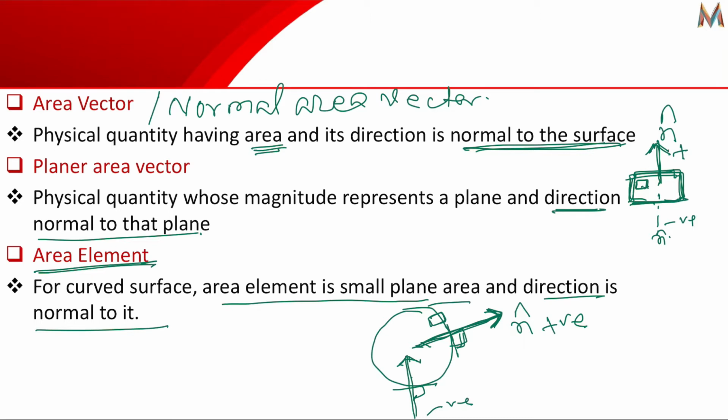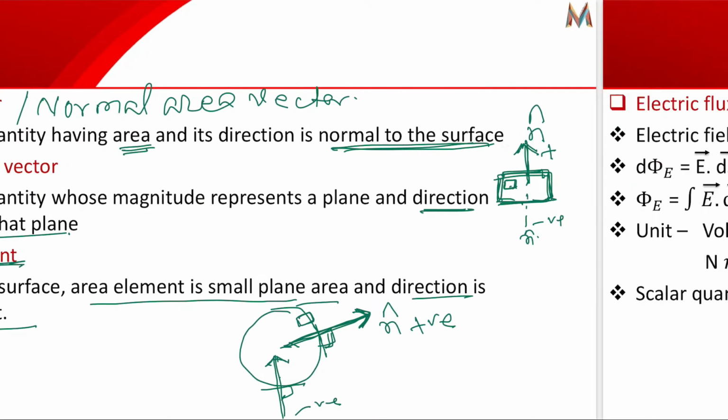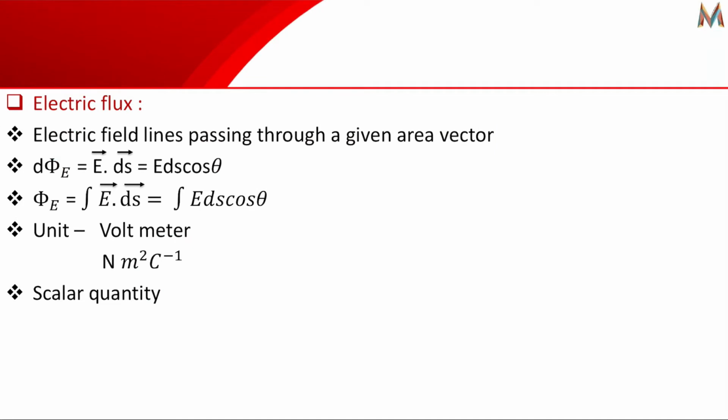So, this is all about area vectors, and that area vector is used in the next physical quantity, which we call electric flux. So, what is electric flux? Electric flux is the electric field lines passing through a given area or area vector. Let this be an area vector, and a number of electric field lines passing perpendicular to this, out of the plane of the paper.